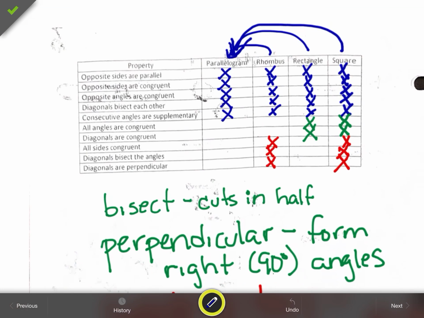So I scan my properties for a parallelogram. Opposite sides parallel. Okay, they're not opposite sides. Opposite sides congruent, same thing, not opposite sides. Opposite angles congruent. I'm not looking at opposite angles. I'm looking at something with diagonals. Diagonals bisect each other. Oh. Remember, bisects means cuts in half, cuts it into two smaller equal parts.